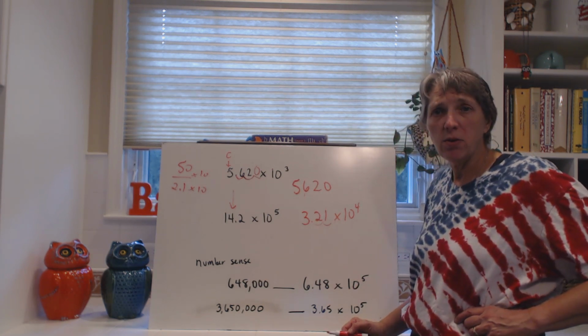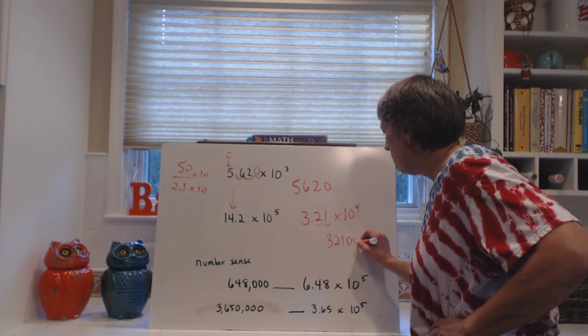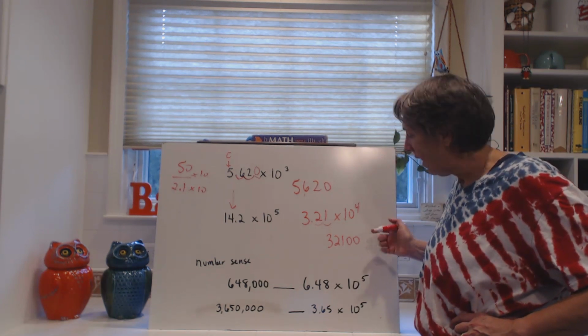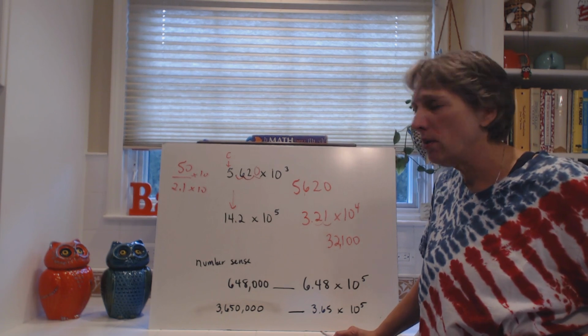How many zeros? 2 zeros. So 3, 2, 1, 0, 0. Now where does the comma go? We start from the right and we count by 3s. 1, 2, 3. So the number is 32,100.